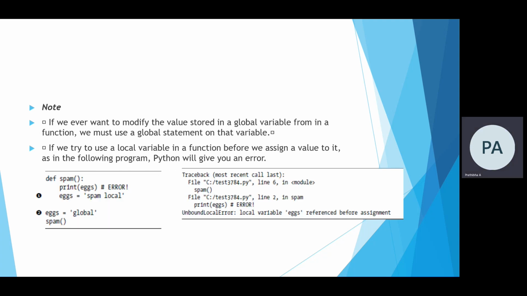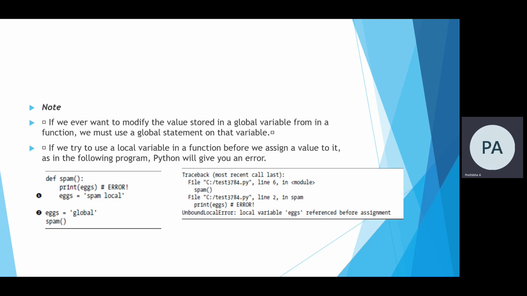Note, if we want to modify the value stored in a global variable in a function, we must use a global statement. If we try to use a local variable in the function before we assign a value to it, as in the following program, Python will give you an error. You can observe here x is taken as a global variable, initialized with the value global.